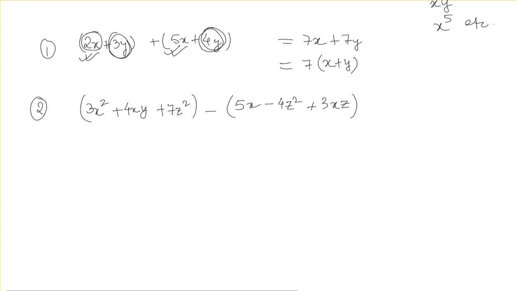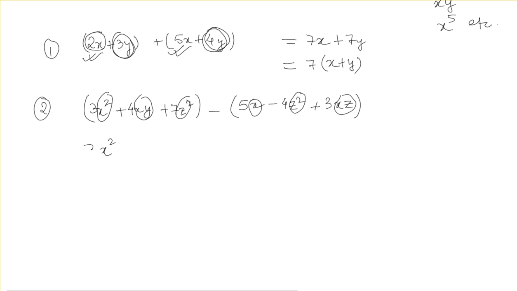Let us identify how many different things are here. So x square, xy, z square, x and xz. So x square will remain here.